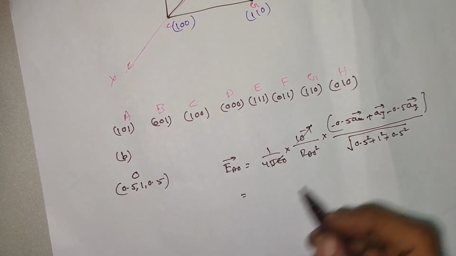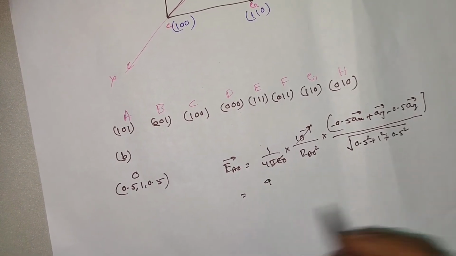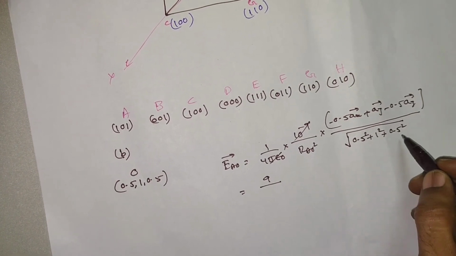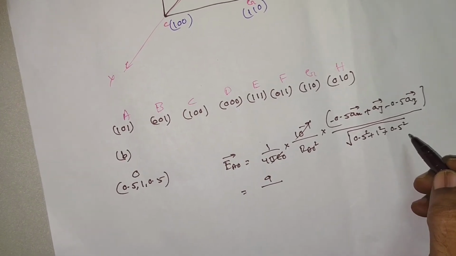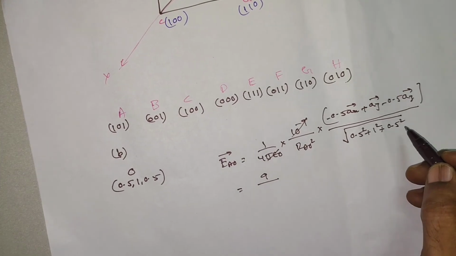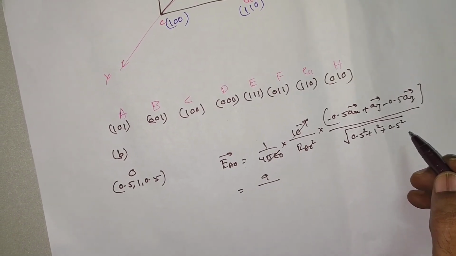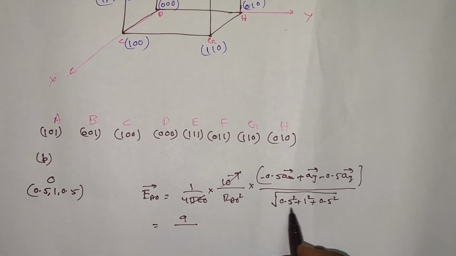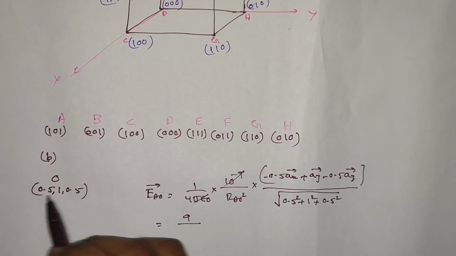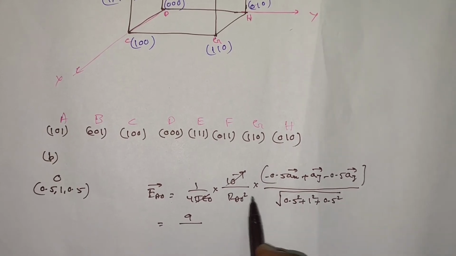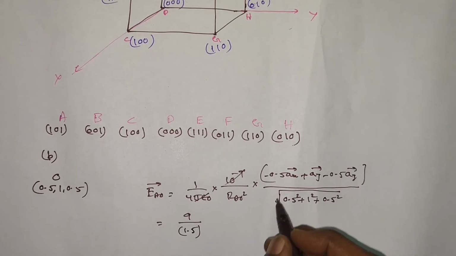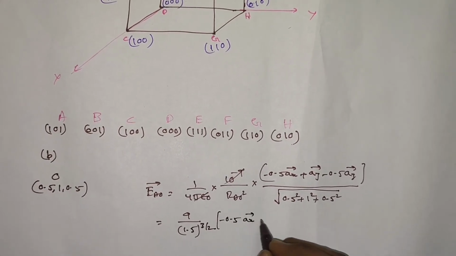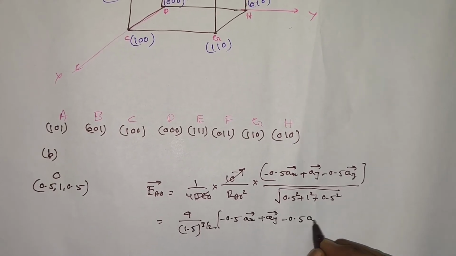So these are going to cancel each other, giving us 9 divided by R_AO cubed. R_AO will be the same distance, the square root of 0.5 square plus 1 square plus 0.5 square, that is 0.25 plus 1 plus 0.25, which is going to become 1.5. So we have 9 divided by 1.5 to the power 3 by 2, multiplied by 0.5 a_x bar plus a_y bar minus 0.5 a_z bar.